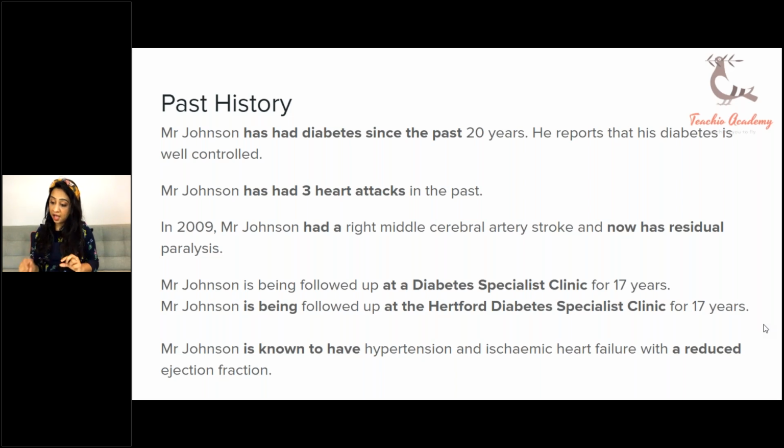Then you can use "has had". Otherwise, as a rule, if a disease still persists or it's a chronic disease, it's "has had". So those are going to be your diabetes, hypertension, heart failure.